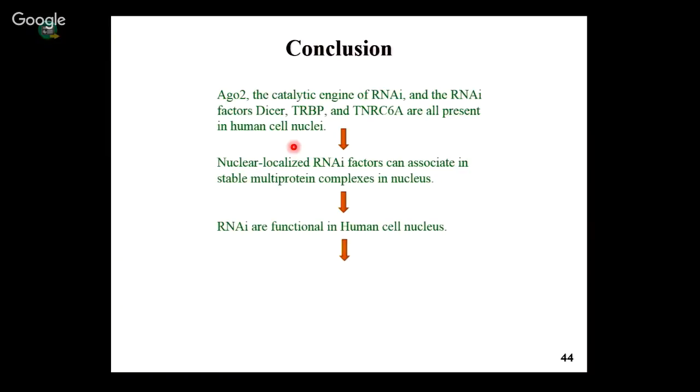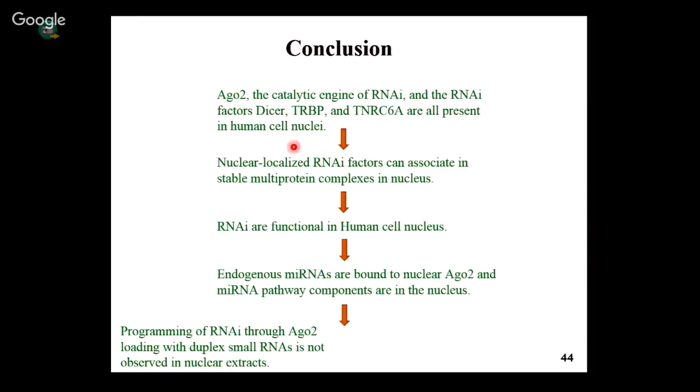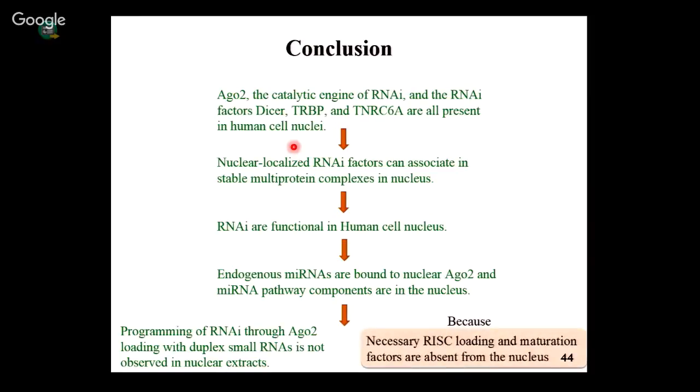Next, they used 5' RACE and FISH, showing that RNAi is active in the human cell nucleus. Next, the authors showed that microRNAs are bound to the nuclear AGO2 and the microRNA pathway components are in the nucleus. And finally, they found that siRNA is deficient in the nucleus because the necessary RISC loading and maturation factors are absent from the nucleus.